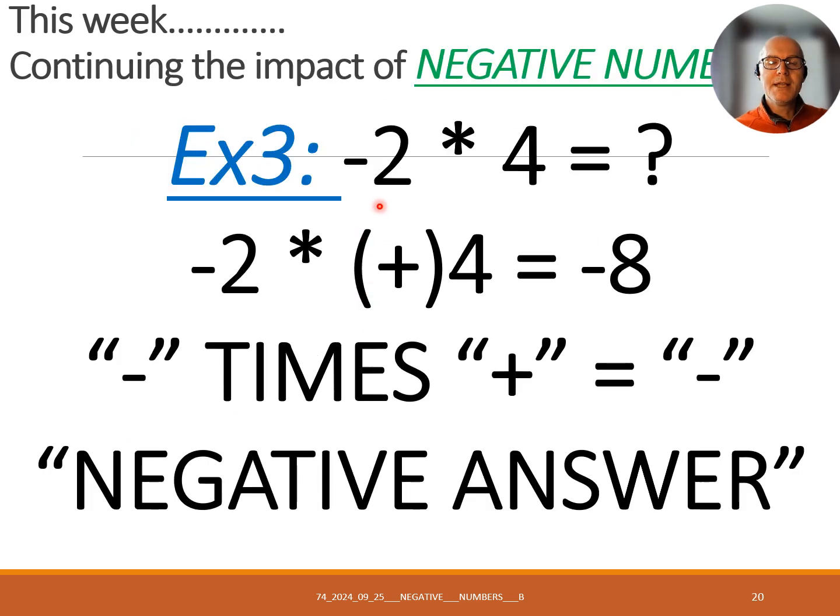In this example, negative 2 times positive 4. So we have a negative number times a positive number. Negative number times a positive number gives a negative answer.